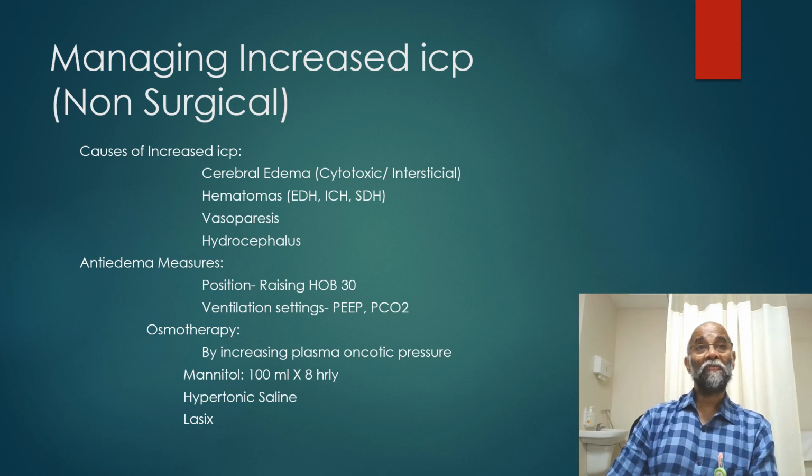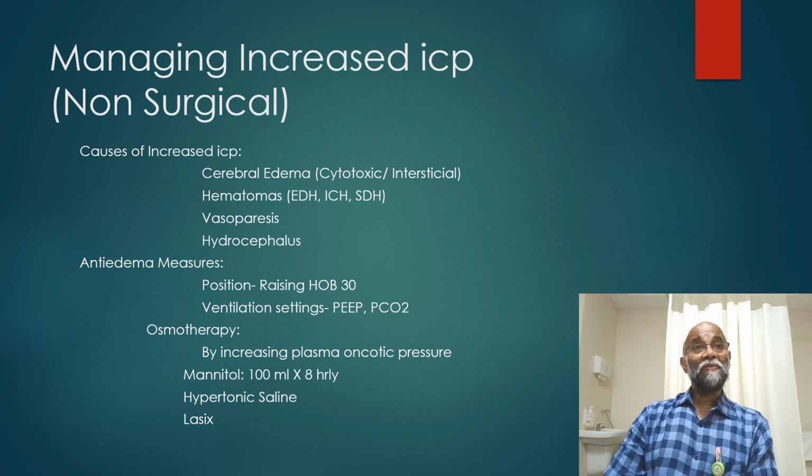Osmotherapy involves increasing the osmolarity of the blood. Osmotherapy increases the osmolarity of the blood and causes a drawing of edema fluid from the brain interstitium back into the capillaries, back into the circulation. This obviously works better with interstitial edema.